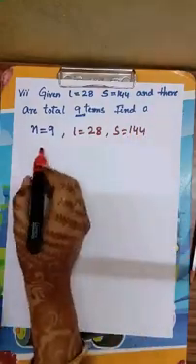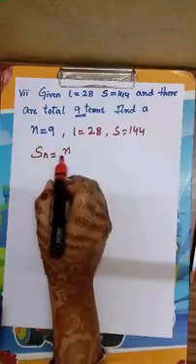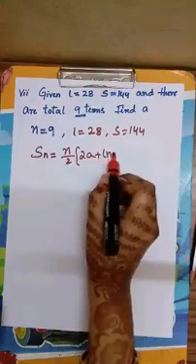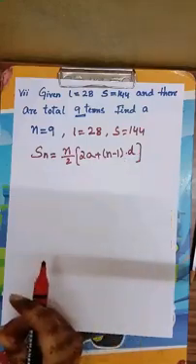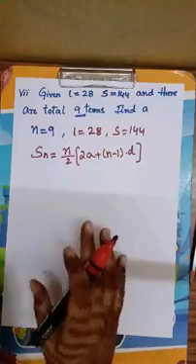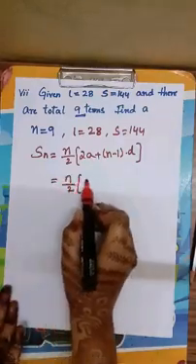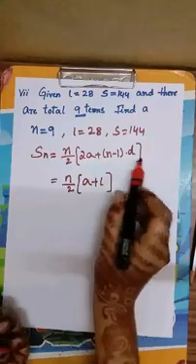Now put the formula. Sn is equal to n by 2 into 2a plus n minus 1 into d. Okay, this is your formula. This is one formula. Another, the same formula we can write as n by 2 into a plus l. L you can write or an you can write.